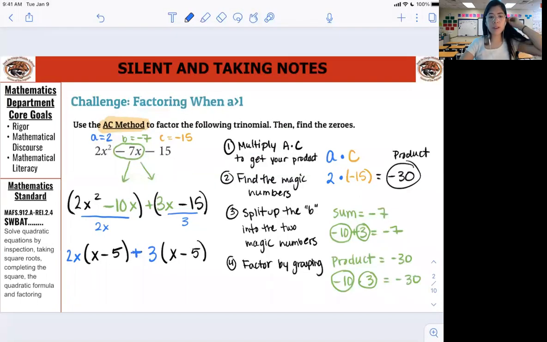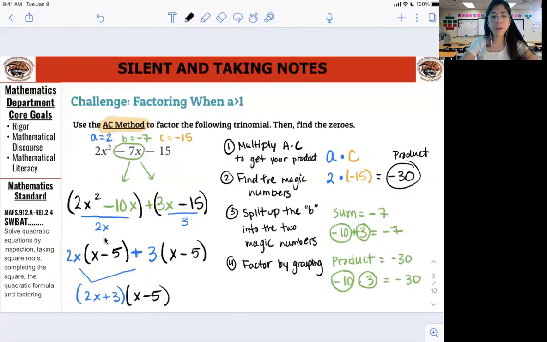Cool. Okay. So then what happens? We're almost there. We're actually on the last step, I promise. Then what happens is I have 2x out here and I have plus 3 over here. Those are going to come together. Those come together. And then x minus 5 and x minus 5, that's my other factor.